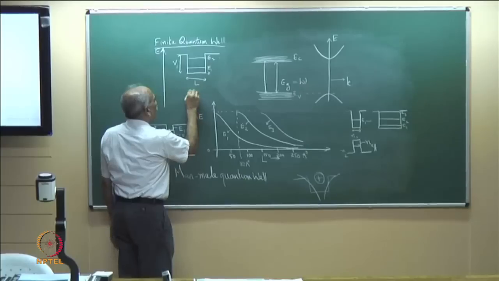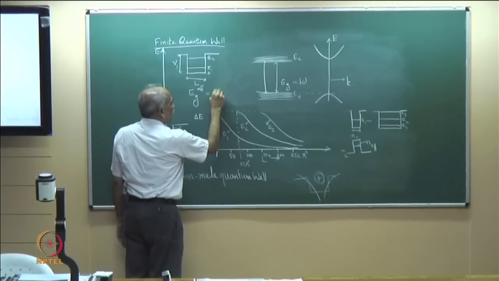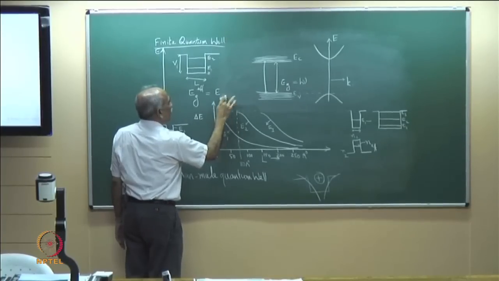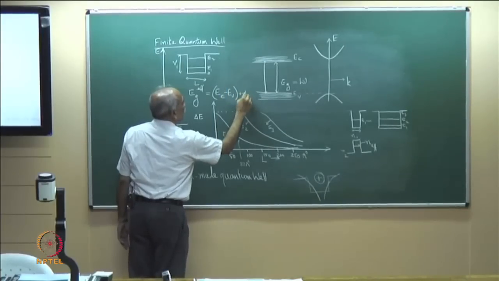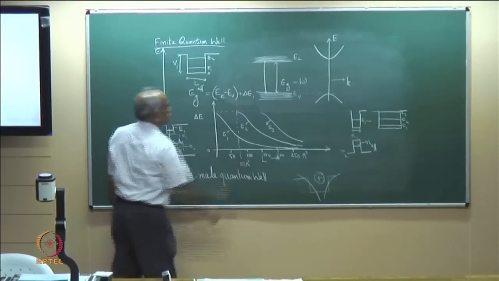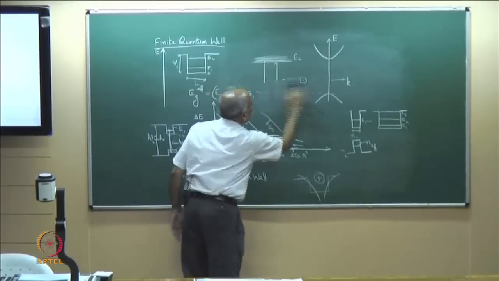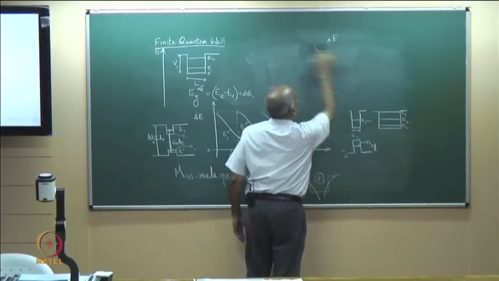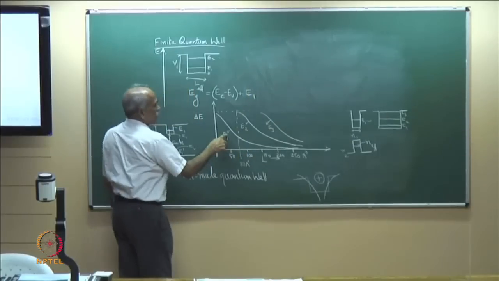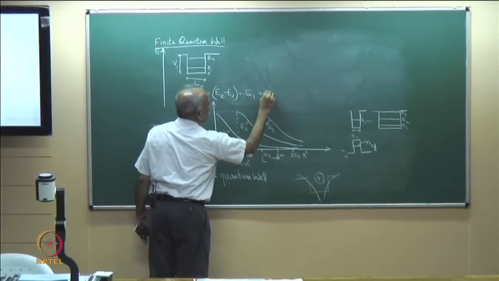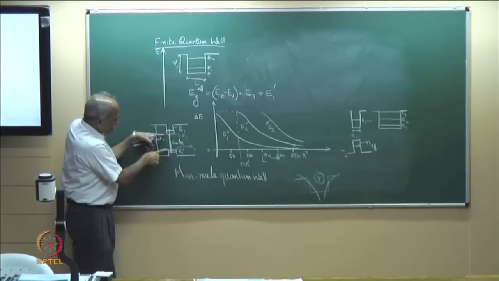So EG effective is equal to EC minus EV, that is the original EG, plus delta E1, that is E1 actually, which I call delta E. Let me remove this. So plus E1, if I call this E1, then this is E1 plus E1 dash for the lower band. So this was EG.